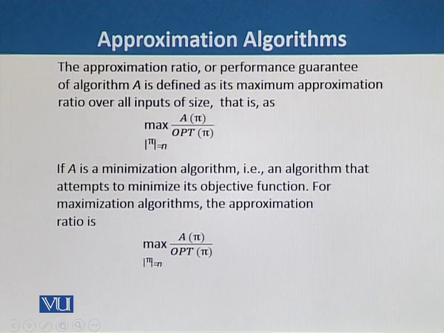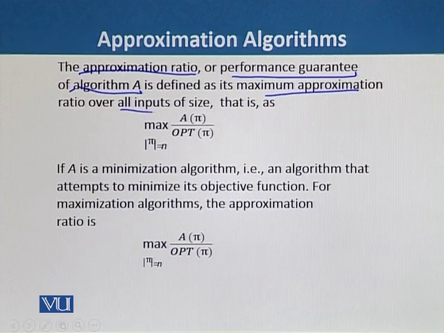So the approximation ratio we have calculated by dividing A(π) over OPT(π). Or we can say the performance guarantee of algorithm A is defined as its maximum approximation ratio over all inputs of size n, that is, maximum A(π) over OPT(π) where |π| is equal to n.